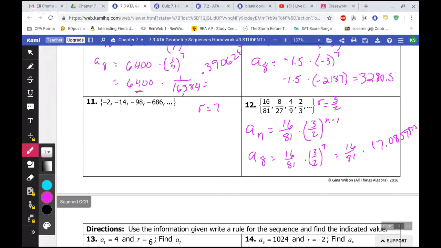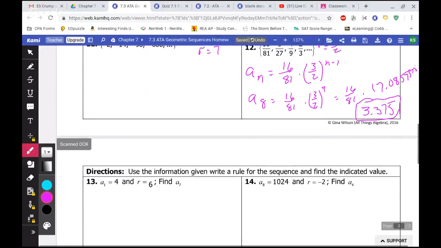It's 3.375. Yep, I finally got it. We got it at the same time. That was killer on the calculator, on an iPhone calculator anyway.